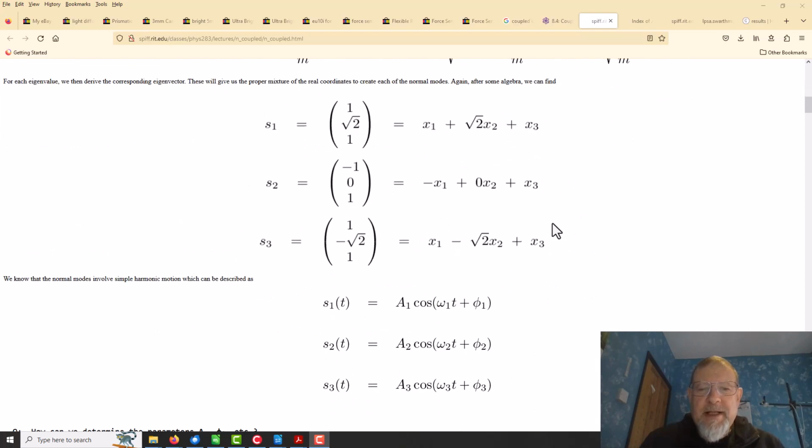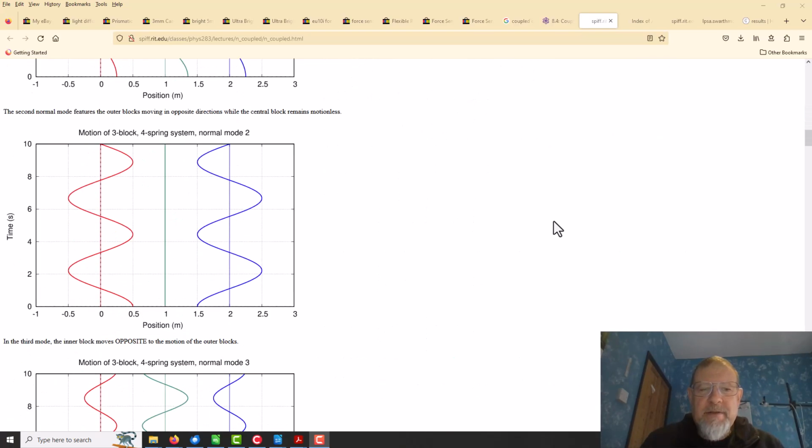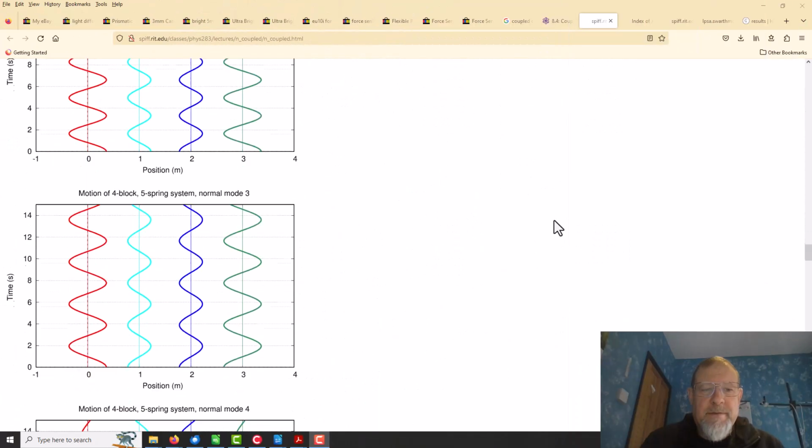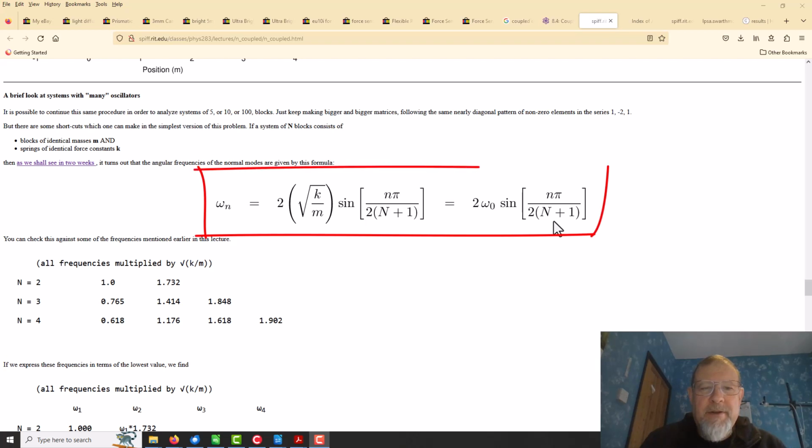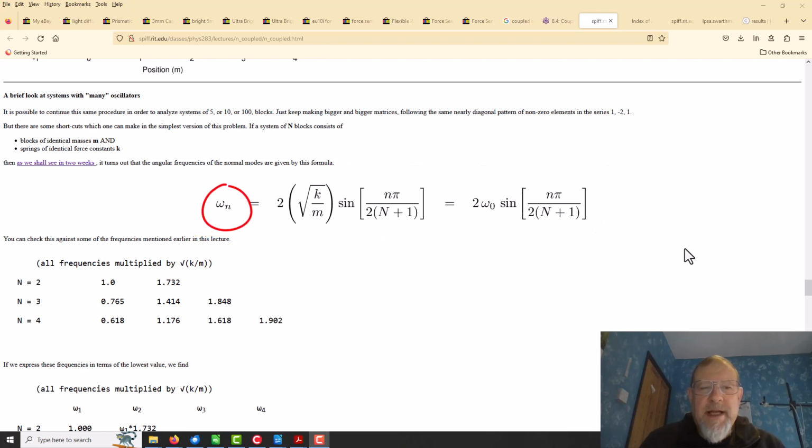But whilst scanning down this, I discovered, so yeah, it goes through 4 masses and does a brief look at many oscillators, which he says he does in a later lecture, which I've only skimmed through, but he gives us this equation, which for identical masses gives the frequencies out for n, which is the mode, and N, which is the number of oscillators.